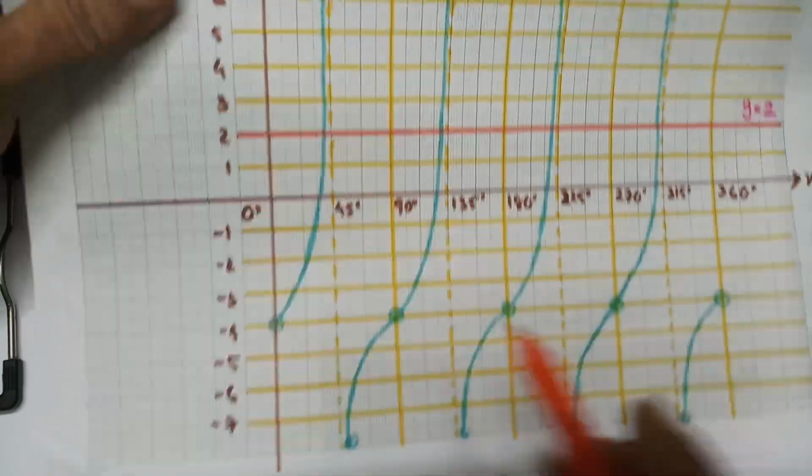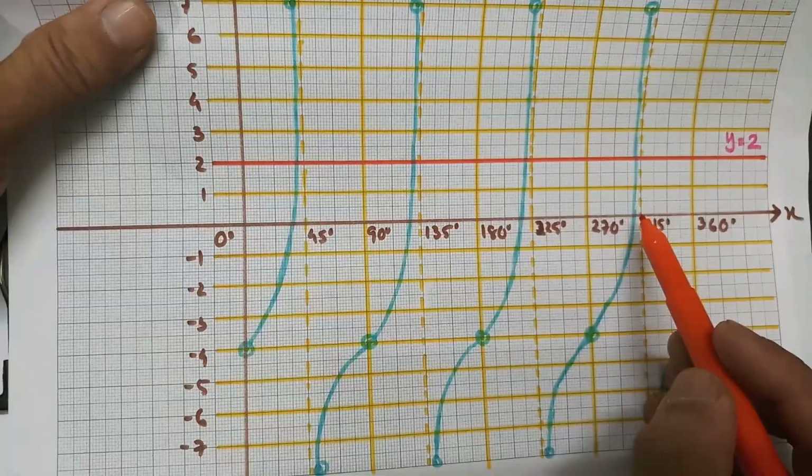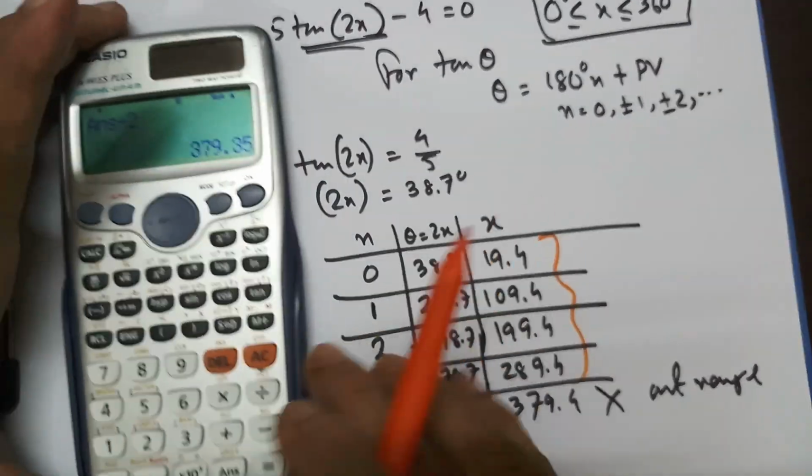Okay, let me show that tan graph. See that tan intersects on the x-axis at 1, 2, 3, 4, and these are the values. Now I can check that.